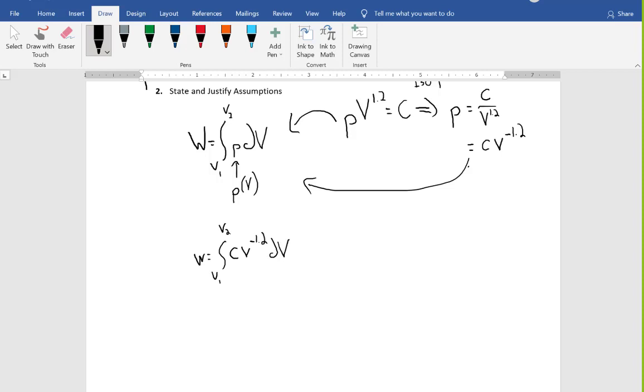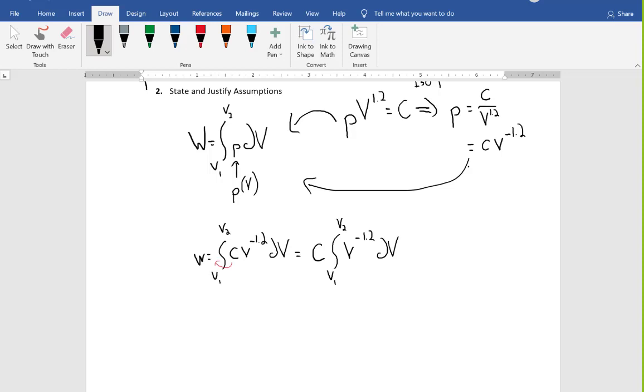This is nice because inside my integral I have a function of volume. I know this C is a constant, so I can pull it out. So this becomes C times the integral from V1 to V2 of V to the negative 1.2 dV.